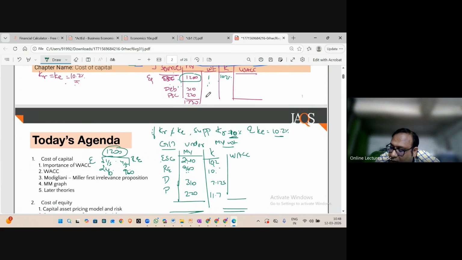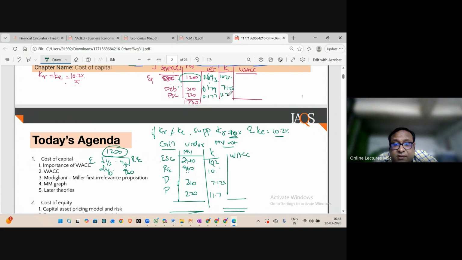Then 1200 divided by 1730 gives 0.693, 310 gives 0.179, and 0.127. So debt is 7.125 and this is 11.7.